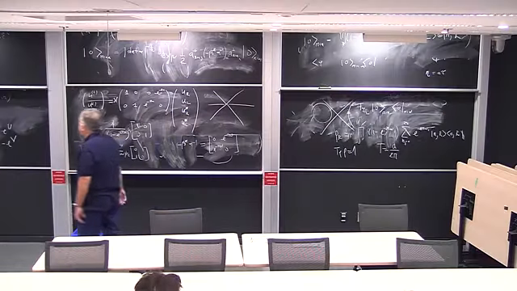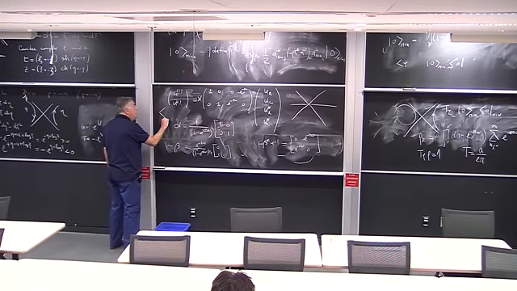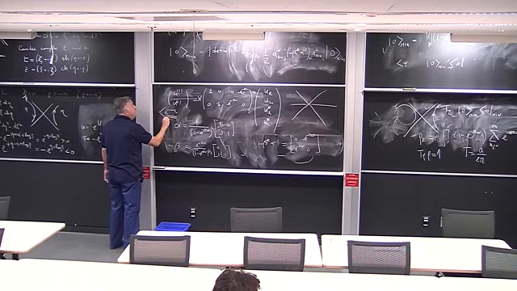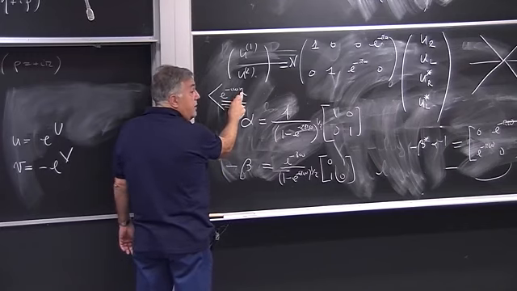So, summarizing, we start from the Rindler wedge. We construct positive frequency modes with respect to the Rindler time.